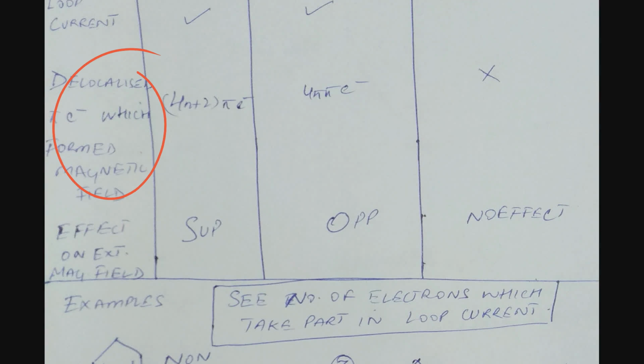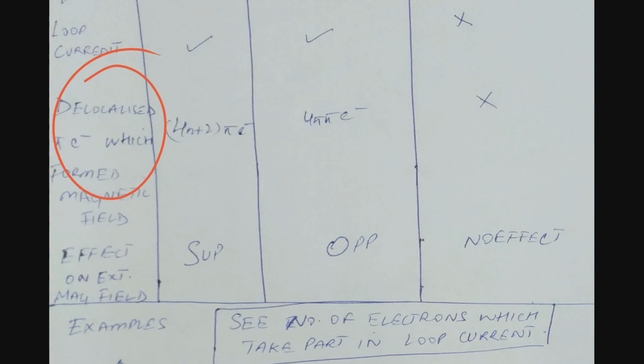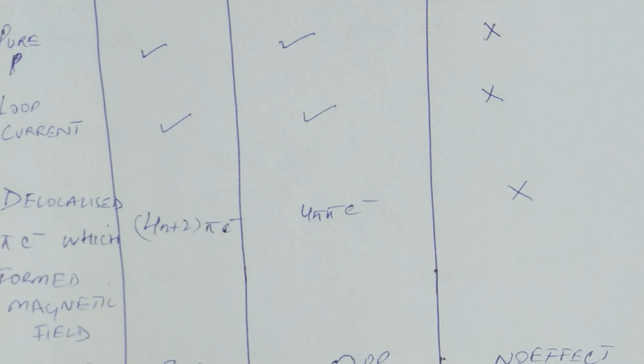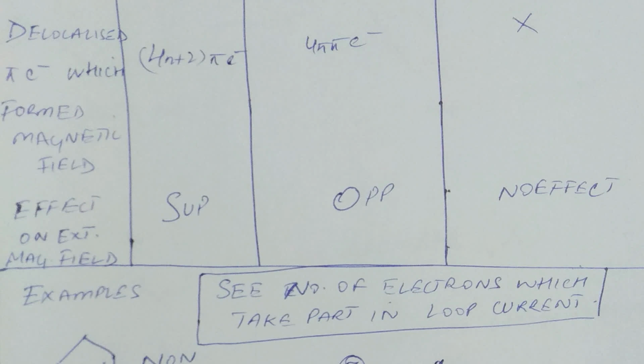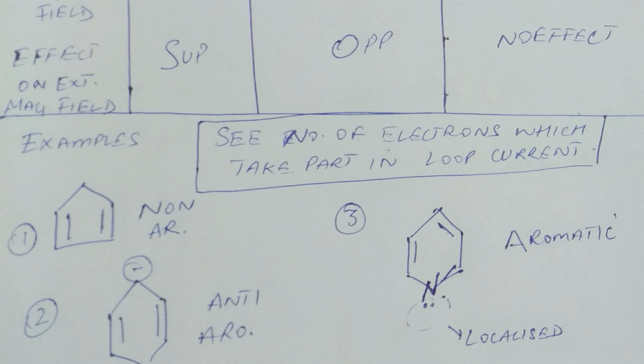Now what is the rule? There was Huckel's rule: 4n plus 2 pi electrons for aromatic compounds, 4n pi electrons for anti-aromatic, and nothing for non-planar. Now let us move to some examples which will clear our concepts.